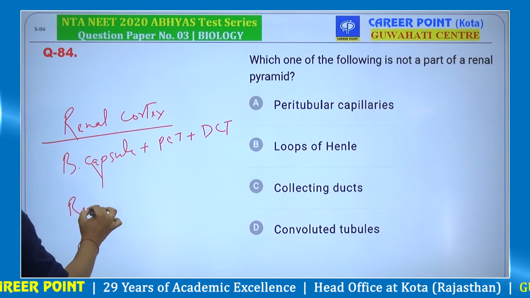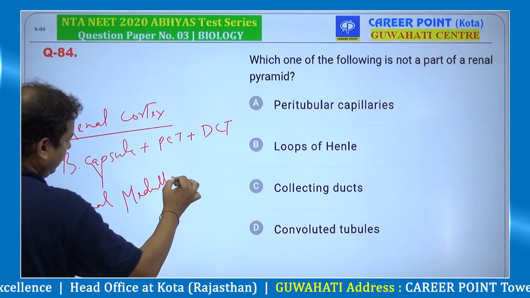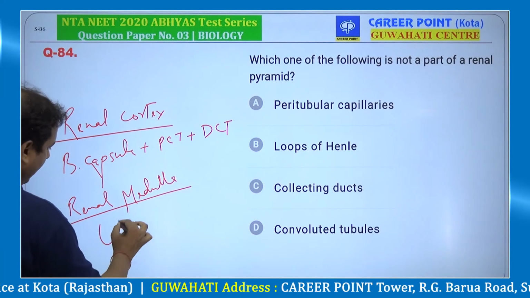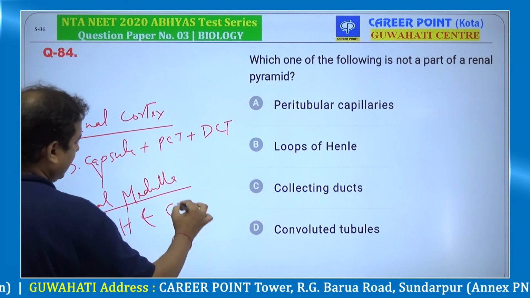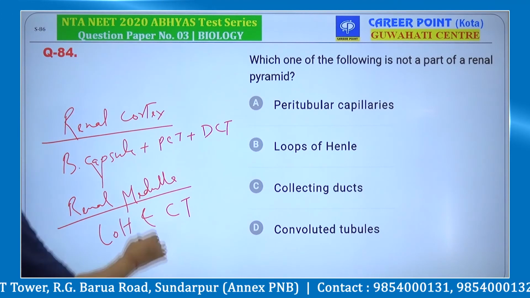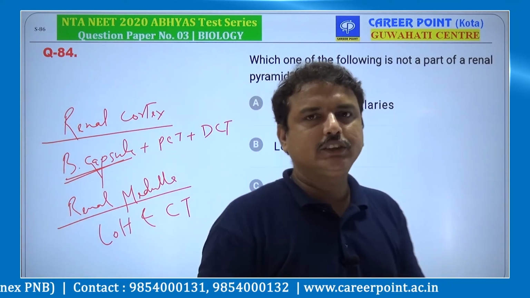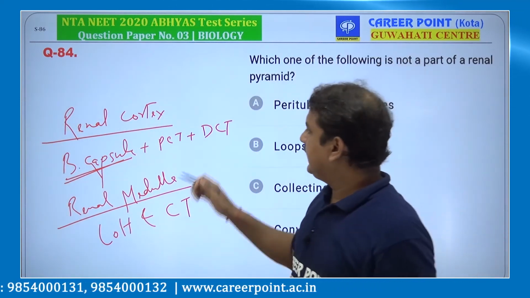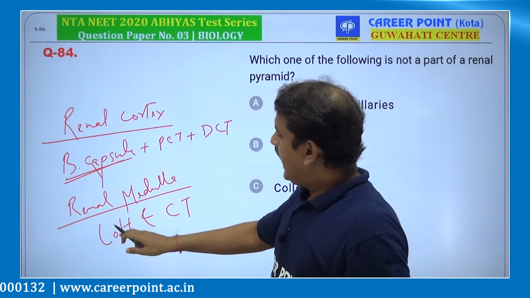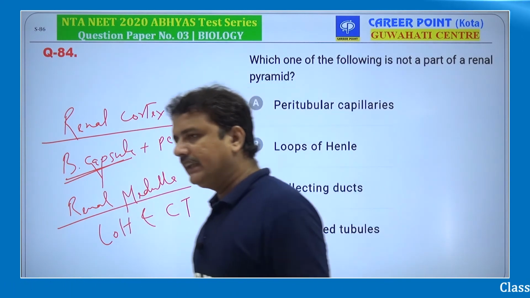Then the renal medulla forms the loop of Henle and the collecting tubule. So the renal cortex region comprises Bowman's capsule, PCT and DCT of the nephron, and the loop of Henle and CT of the nephron are generally found in the renal medulla.